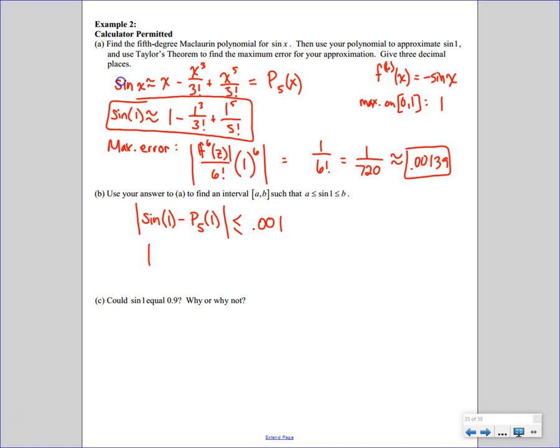So I'd have sine of 1 minus, we could go through and make that 6 and that 120. What do we end up with, guys? 0.842. Well, that'd be 120 minus 20, which would be 100 plus 1, 101 over 120.